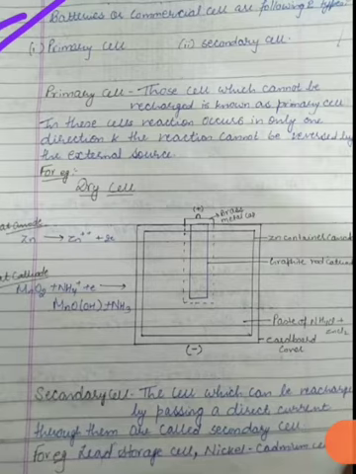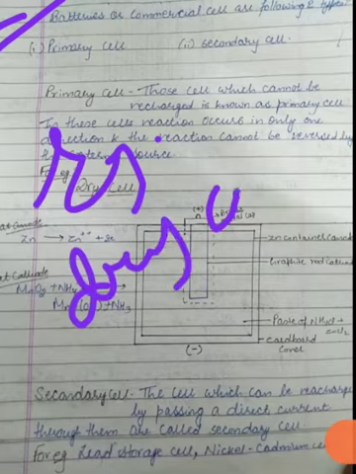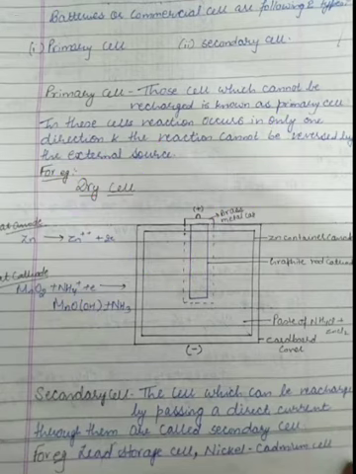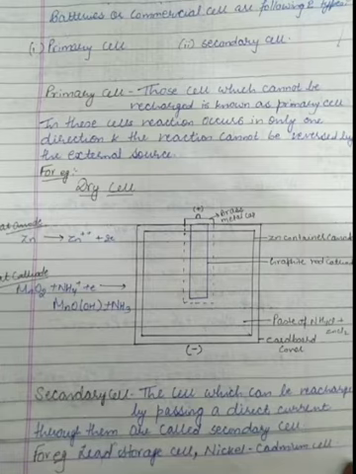Examples are the dry cell and the mercury cell. Talking about secondary cells, these are rechargeable cells, which can be used again and again.